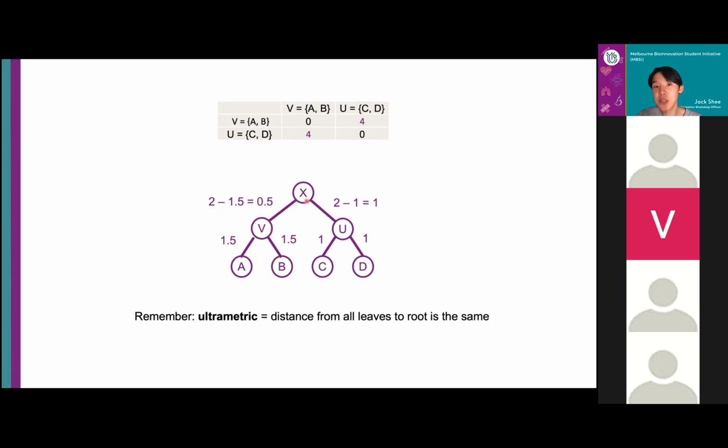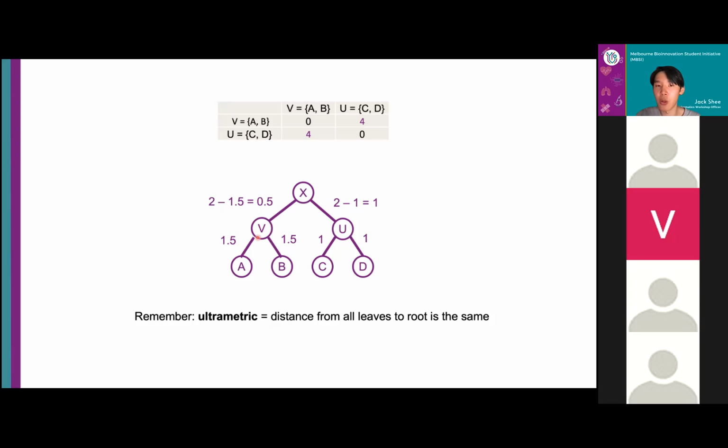Note when we're computing the branch lengths of internal nodes that are not parents of leaves, we actually have to consider the ultrametric definition. Remember that the distance of all the leaves to the root is the same. Hence, this distance here is actually whatever we computed here divided by 2 as we have defined, but we have to subtract off the distance already accounted for below.